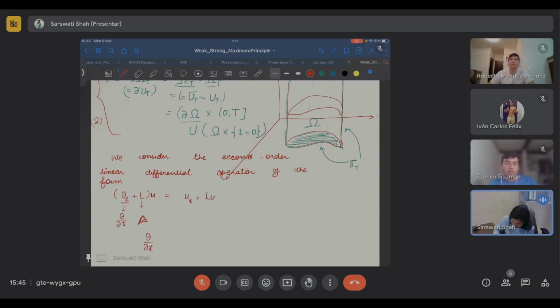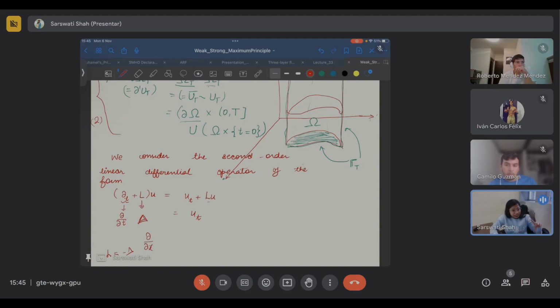Ut plus LU, and the LU operator is defined as, earlier L was defined as, when we were talking about only the parabolic case, L was defined as the minus of Laplacian of U. But here L is the combination of the Laplacian and the first order partial derivative with respect to the spatial variable. Don't think about this.